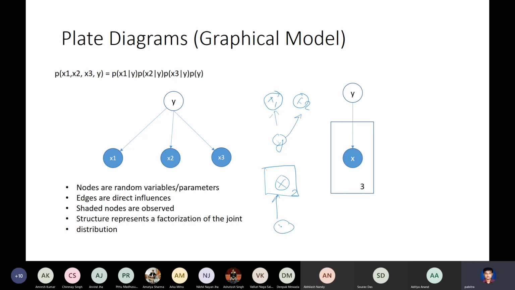I could have also written it like that. So this is the meaning of the plate diagram. Try to remember this because I'll use this henceforth.